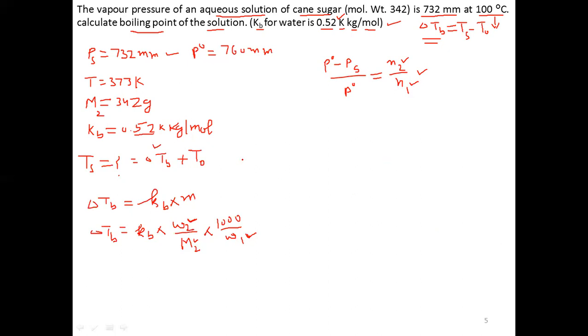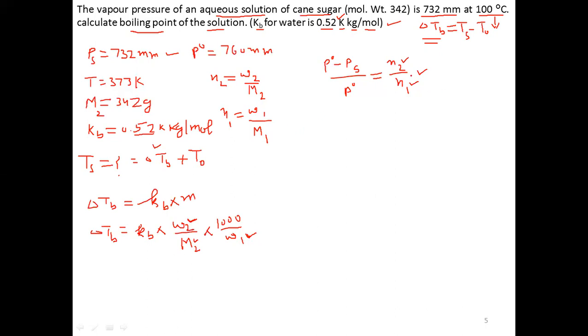So we can say N2 is W2 by M2, weight of solute divided by molecular weight of solute, and N1 is W1 divided by M1, weight of solvent divided by molecular weight of solvent.